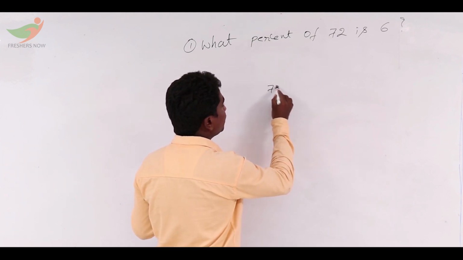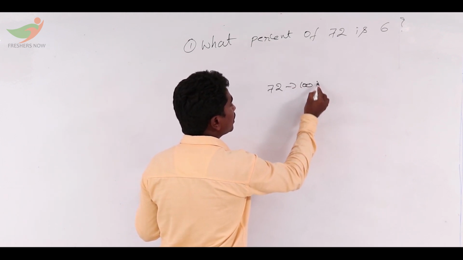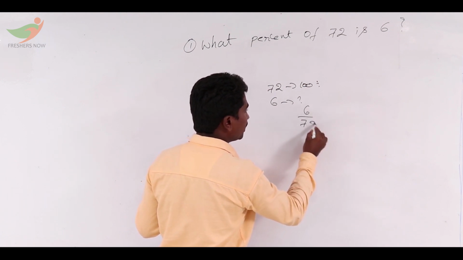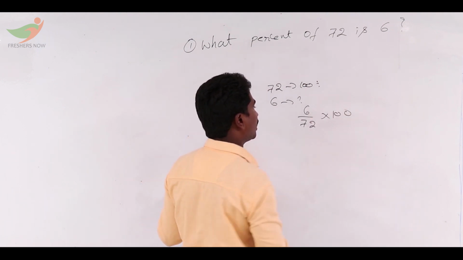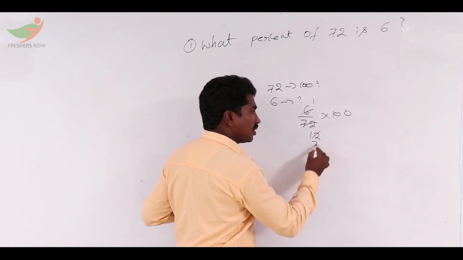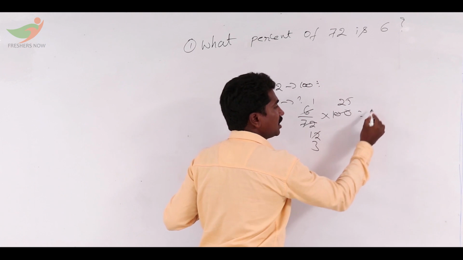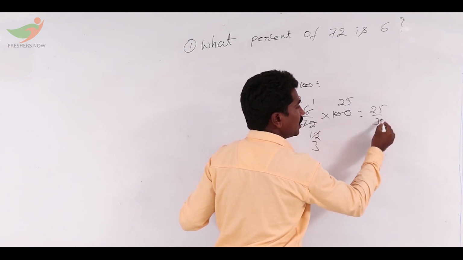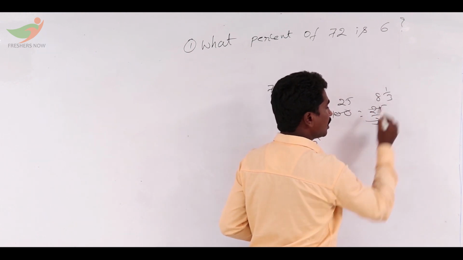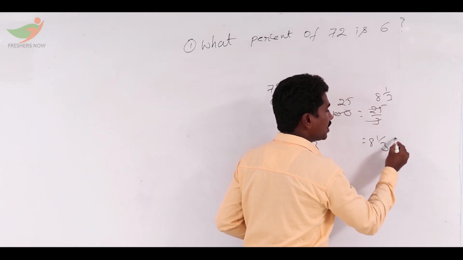So 72 is 100%, 6 is how much? So 6 by 72 into 100. 6 1s are 6, 6 12s are 72, 4 3s are 12, 4 25s are 100, here 25 by 3, 3 8s are 24, remaining 1 by 3, so 8 1 by 3%.